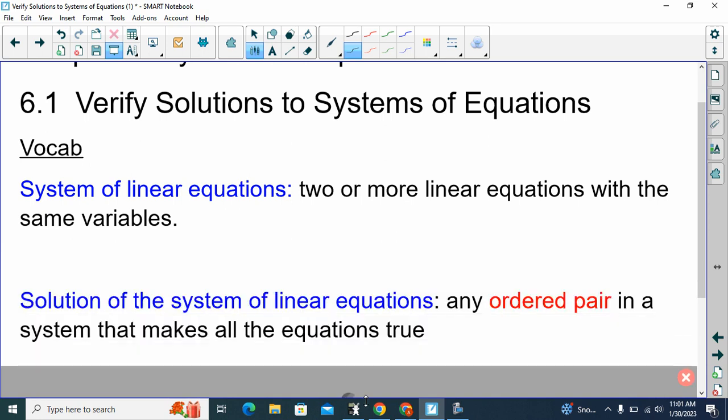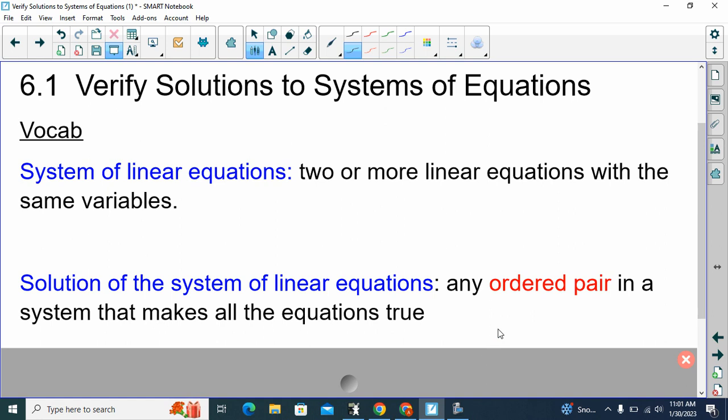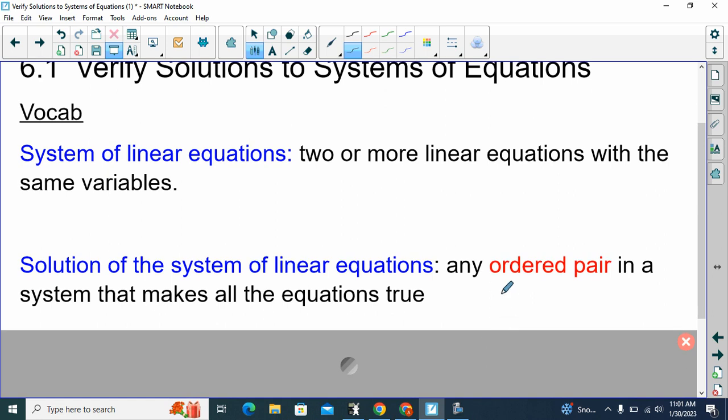And then the solution to the system is any ordered pair in a system that makes all the equations true. And the word all there is important. In order to be a solution to the system, it has to make all the equations true. If there are any equations that are not true, that ordered pair is not a solution.